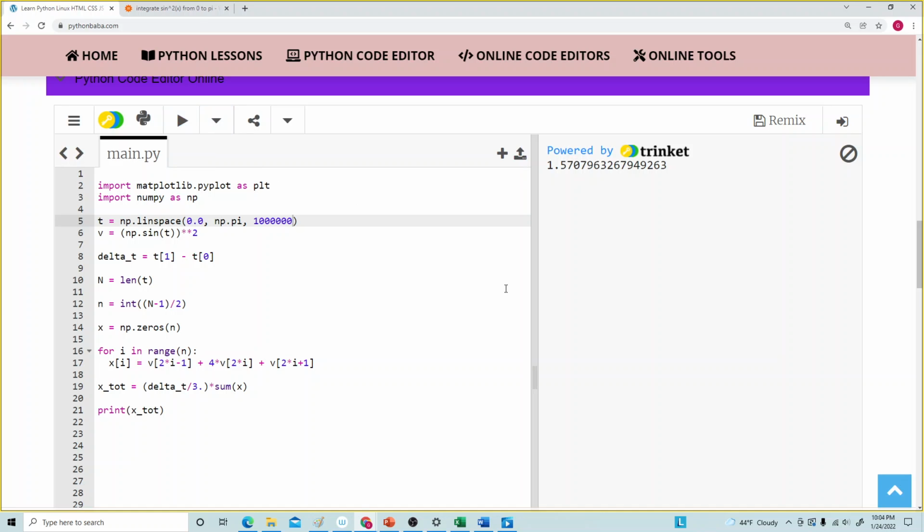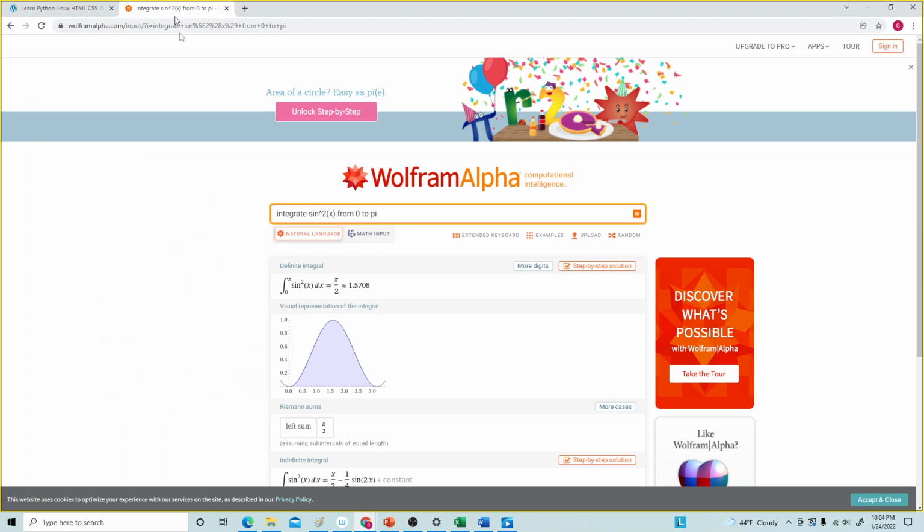And you can see 1.507963. If we include more digits for Wolfram to display for us, we might see that we are within maybe 1 out of several million parts in accuracy.